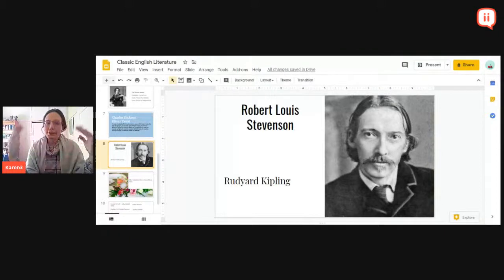And then Rudyard Kipling. Rudyard Kipling, the one below, the Robert Louis Stevenson is the photo on the right. Rudyard Kipling also, the time when English were exploring the world. And Rudyard Kipling wrote about the Indian situation. So he wrote The Jungle Book. Do you know the children's story, The Jungle Book?